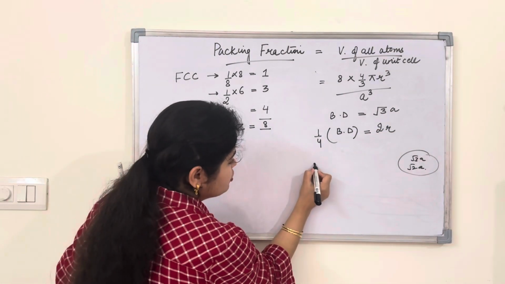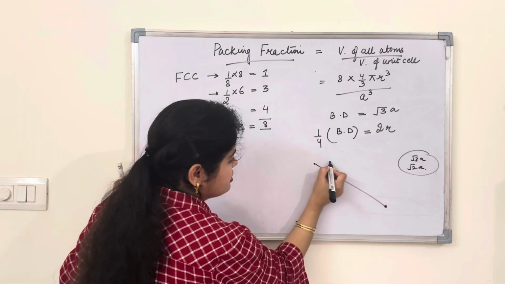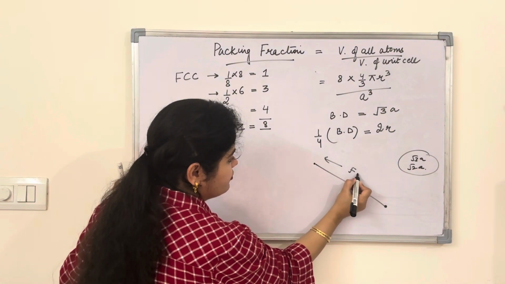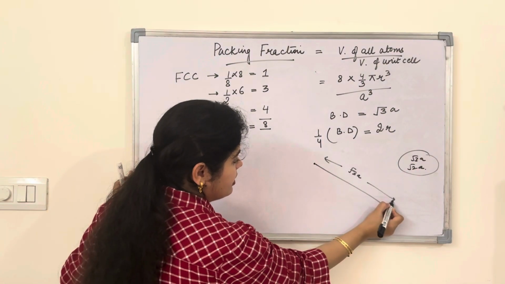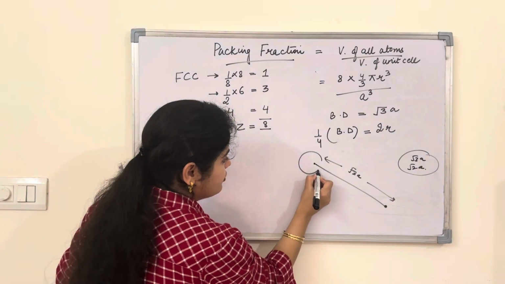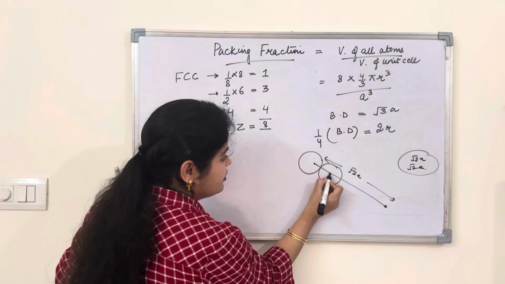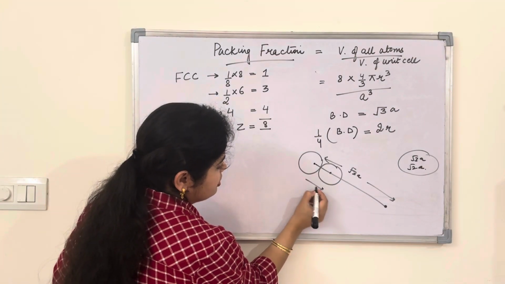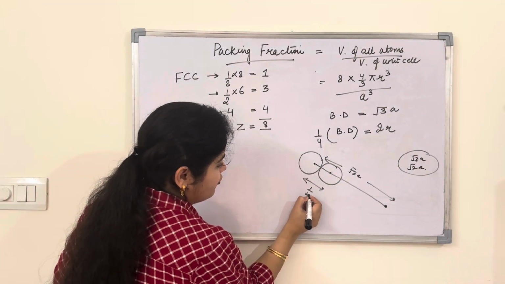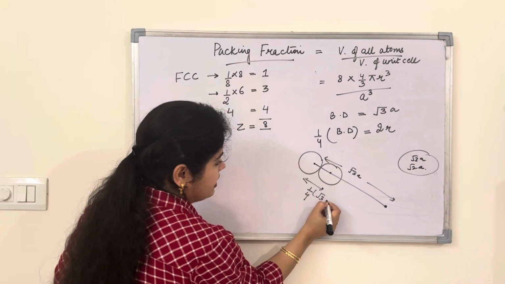How? Because the length of the body diagonal is root 3a, and we have one atom situated at 1/4 of root 3a.